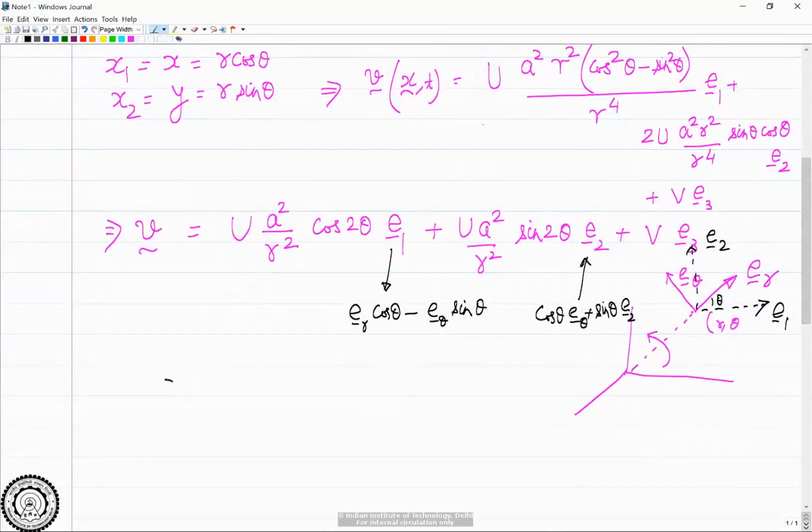Okay, let's get back. So this becomes U A square by R square, and E1 means cos 2 theta into cos theta, and then you have ER, and another one will come from here. So this is ER, and that's sine 2 theta sine theta plus sine 2 theta sine theta.